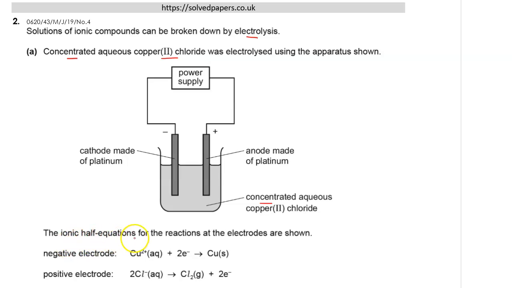The ionic half equations of the reactions at the electrodes are shown. At the negative electrode, copper ions will be discharged by receiving 2 electrons. At the anode, the positive electrode, chlorine will be discharged when chloride ions release electrons, right there.